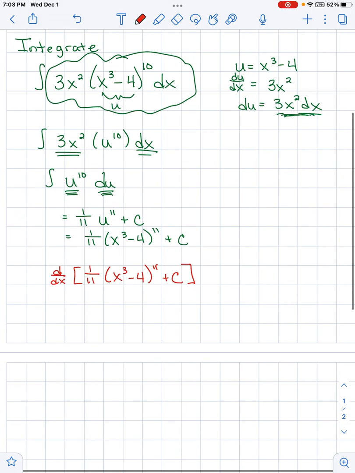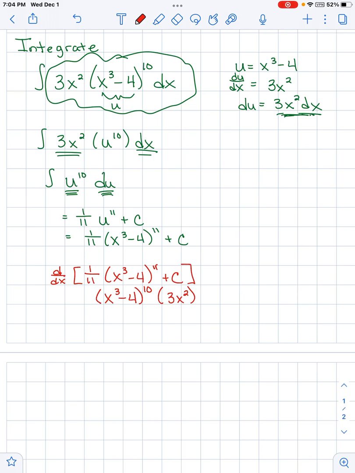So 1/11th times 11 is 1, without changing the inner function. So that's x cubed minus 4 to the 10th, multiplied by the derivative of the inner function. So that's 3x squared. The derivative of c, that constant, is just 0. So what I end up with is the integrand that we started with. They're the same. So the antiderivative we found was accurate.